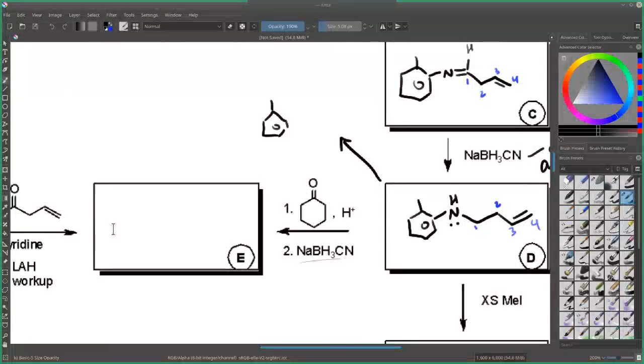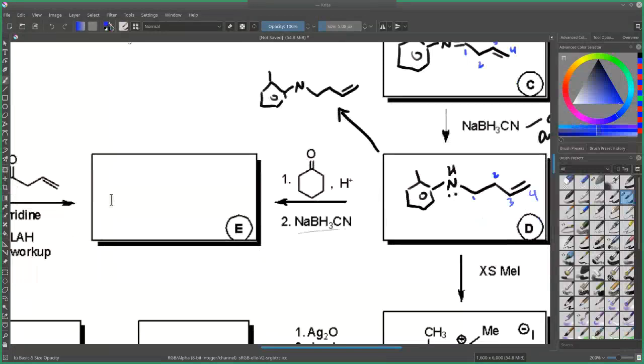we keep what we've got, all this stuff, okay? And now we take this part plus this amine, which will give us a double bond in place of that ketone.